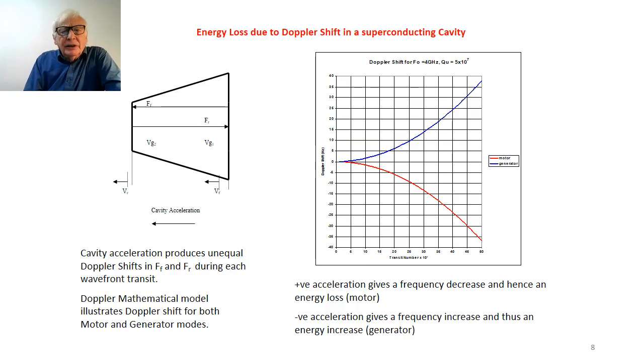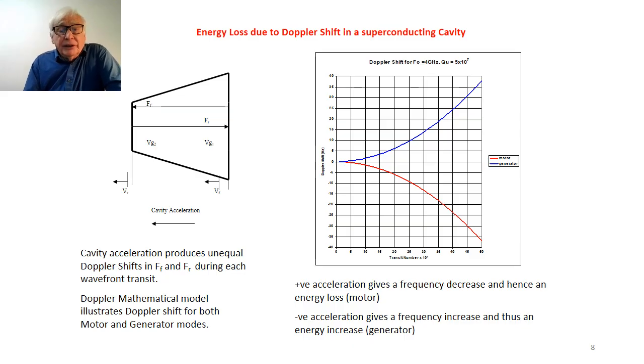And if you look at the velocity of the cavity itself, you can see that the increase in velocity at the small end is less than the increase in velocity at the large end, which is after the wave has been reflected from the small end to the large end.